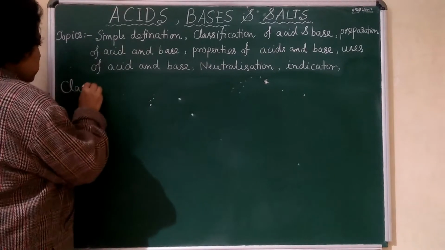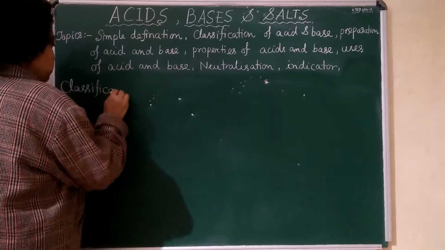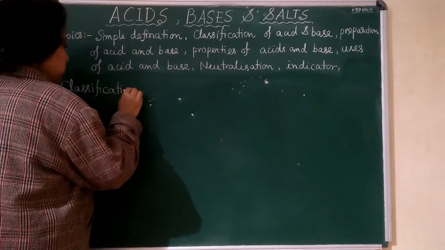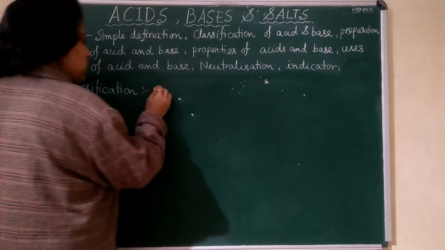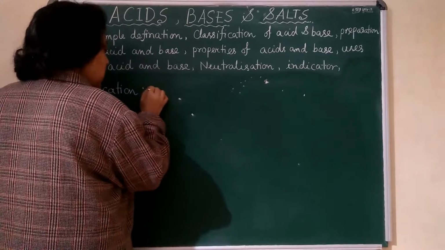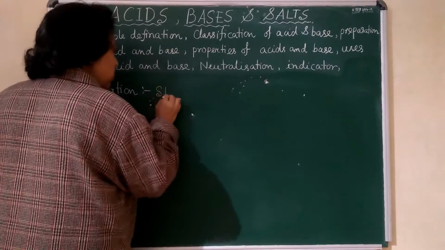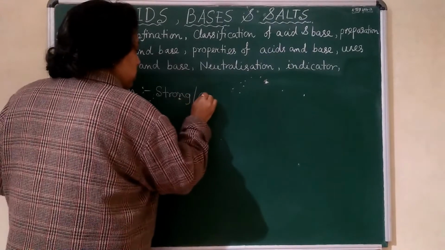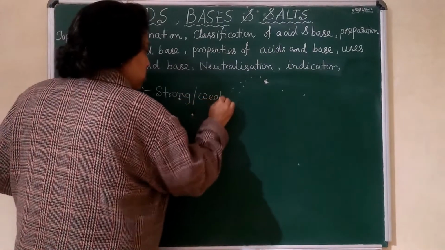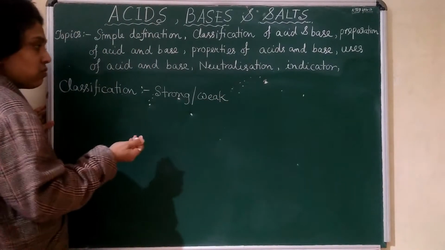Then we'll go for classification. Next topic is classification. Classification means whether acid is strong acid or weak acid, strong or weak. Similarly, it will apply for the base also. Strong base, weak base.